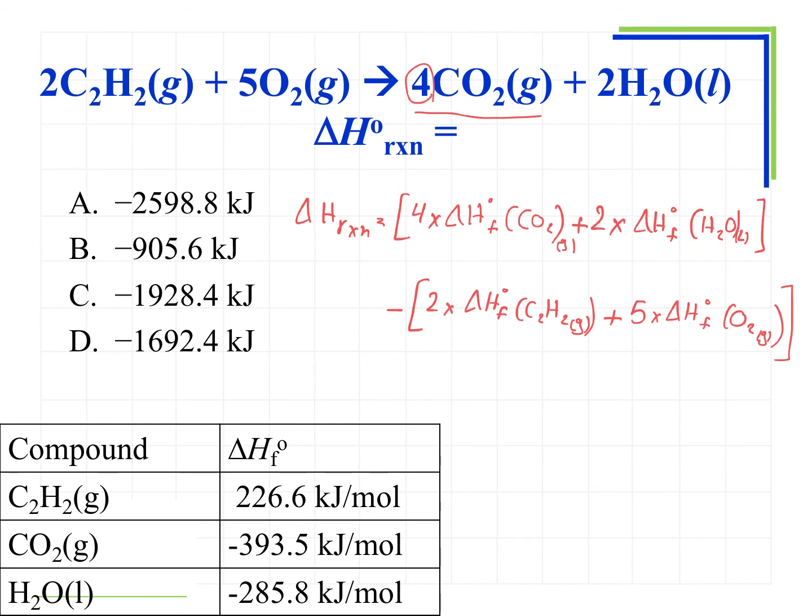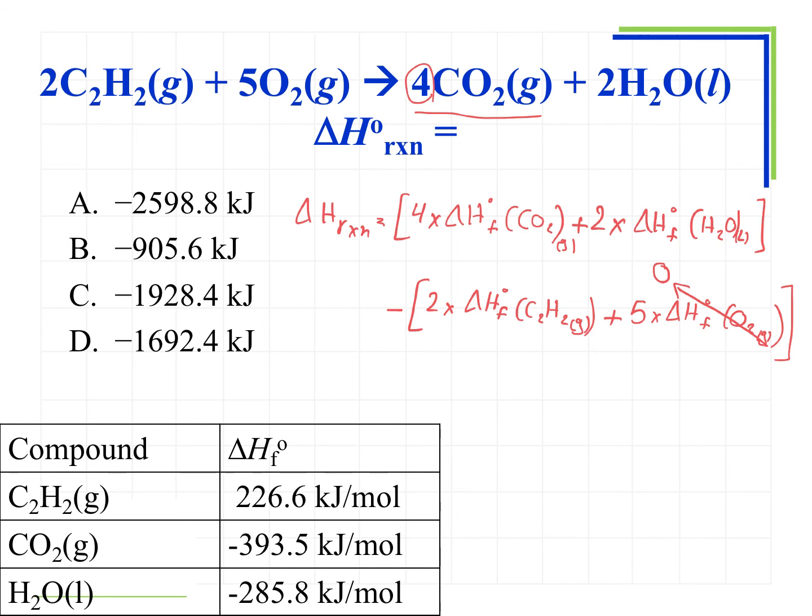So if you check the table, you have all the delta H of formation except oxygen. And why is that? That's the same reason we talked about in the previous slides: for oxygen the delta H of formation is 0, and that's true for all the elements. So if you have anything in the standard state, the delta H of formation is 0.